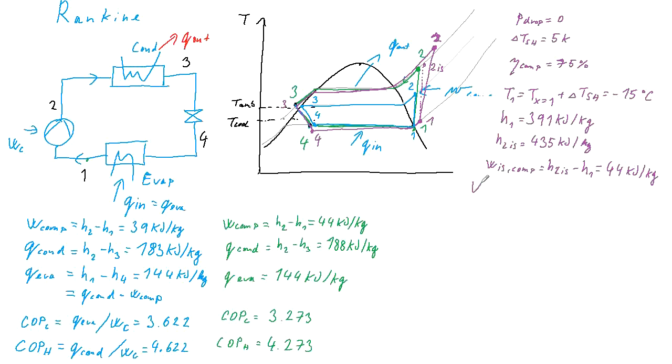Now we can get the work of the real compressor as work of the isentropic compressor divided by the compressor efficiency, and we will get 58.7 kilojoules per kilogram.